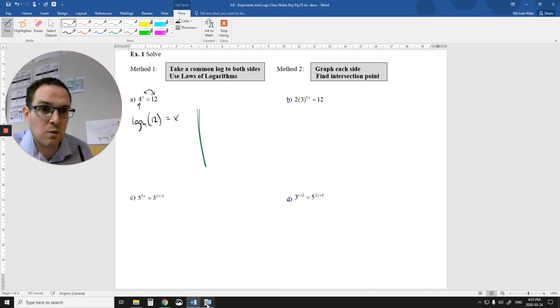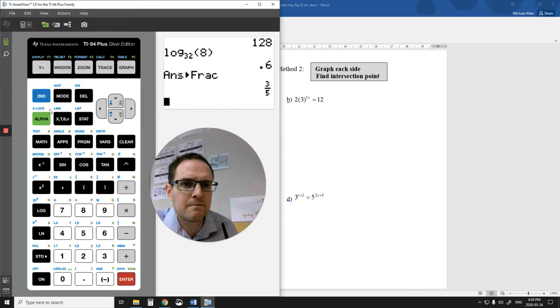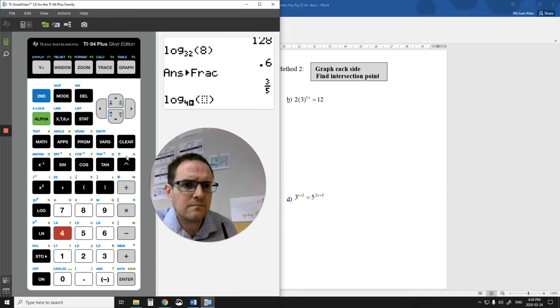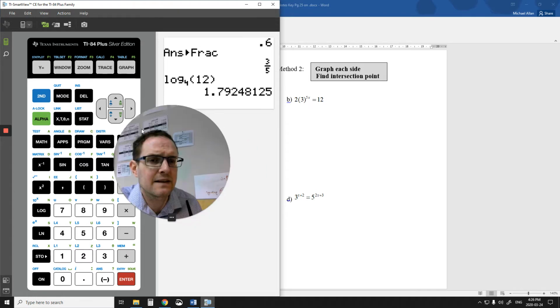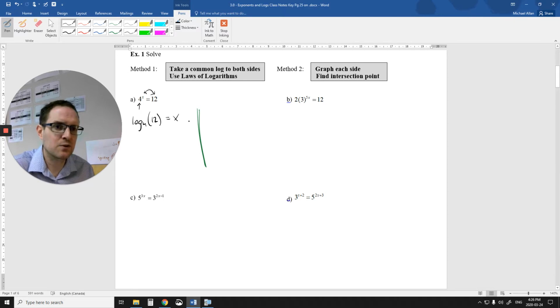So if I want this as the exact answer, this could be my exact answer. Because log base 4 of 12, I don't think is a very nice number. It's approximately 1.79, but it could be written exactly as log base 4 of 12.